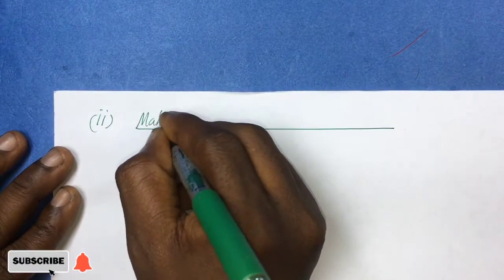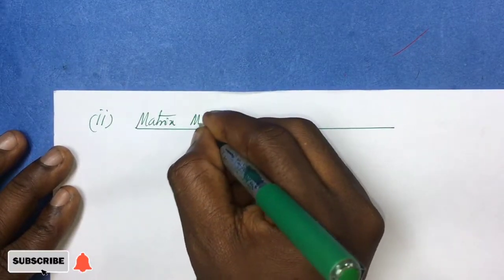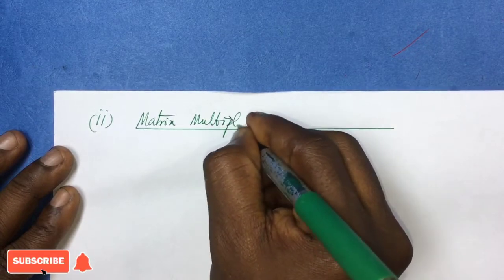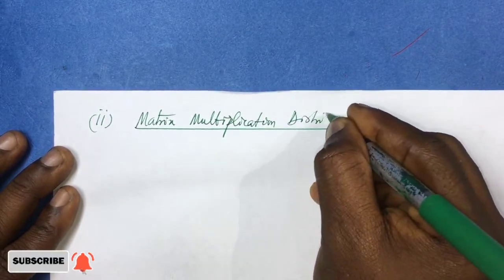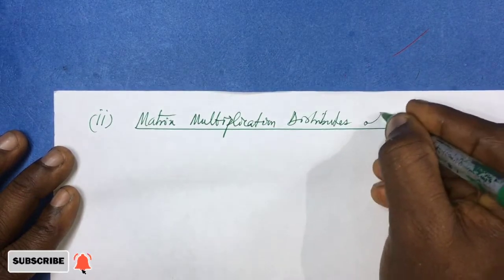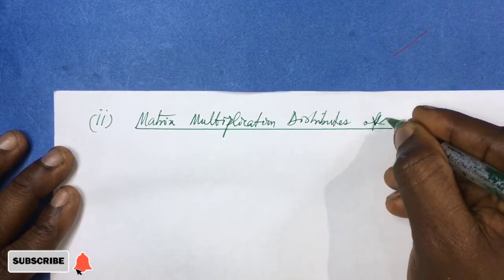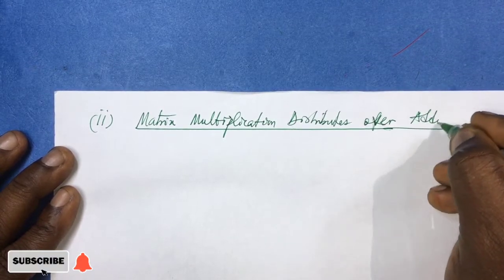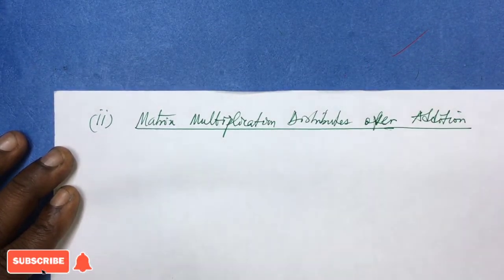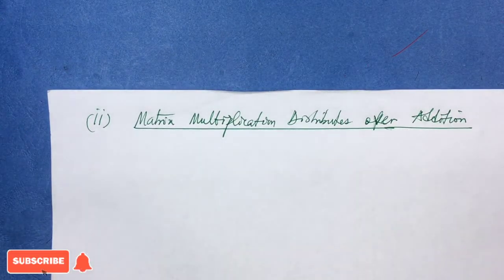Matrix multiplication distributes over addition. Okay, so matrix multiplication distributes over addition. Let's see, what does that mean?